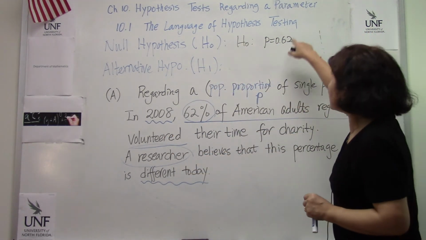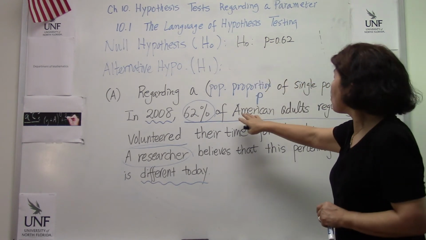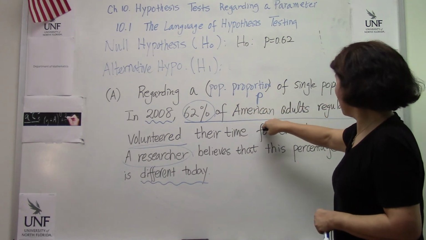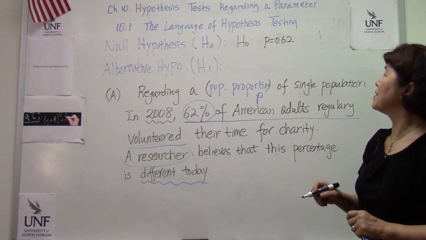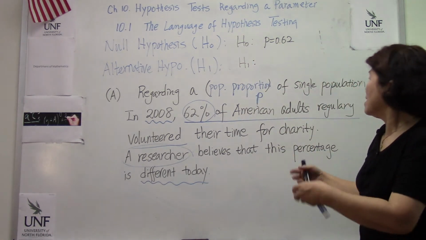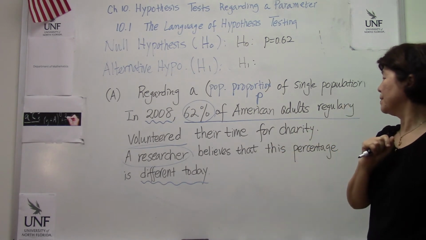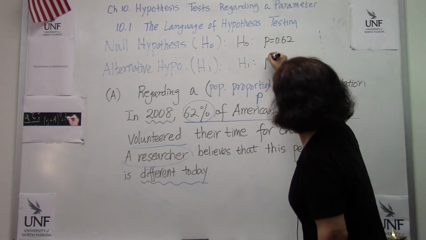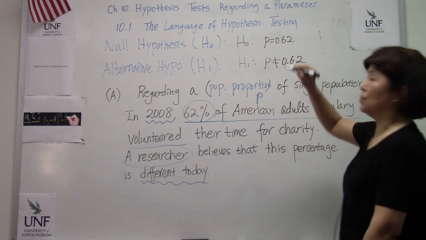Just simply the parameter here, the characteristic that describes what is stated over here, is a population proportion, so P equals 0.62. Now what is the alternative hypothesis? This one is a statement that they're trying to show evidence to support the claim. The researcher believes that this percentage is different, so all you need to say is P is unequal to 0.62.